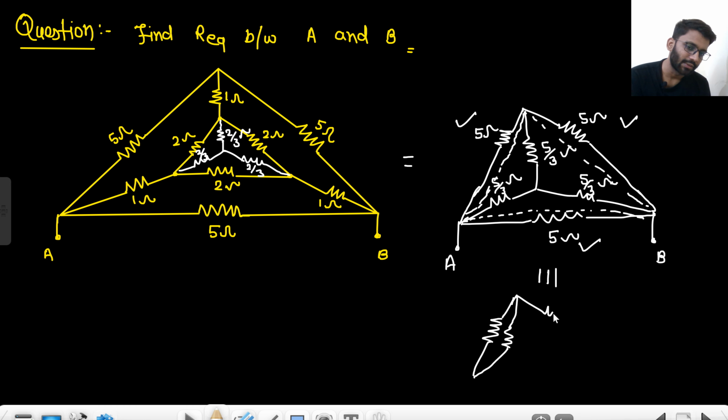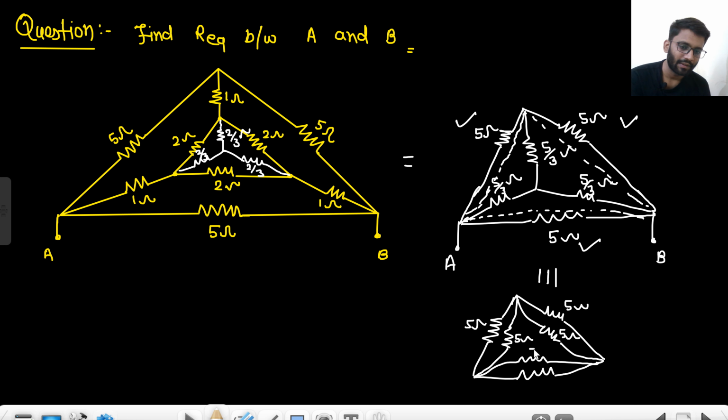There was already one 5 ohm and one more will come in parallel to it. So we just converted this star into this delta. Basically this is 5 ohm, 5 ohm, 5 ohm, 5 ohm, 5 ohm, 5 ohm, and A, B.